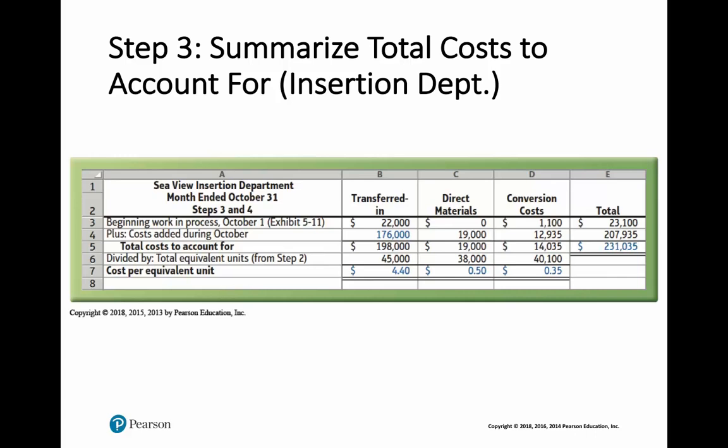And again, if we think about that, why is it important to separate out those transferred in costs versus, in columns C and D, the additional materials and conversion costs added for that department? The main thing is that we can make management decisions, and we can quickly understand if we're over budget or under budget for the manufacturing. It cost us more or less than we thought it would to make our products.